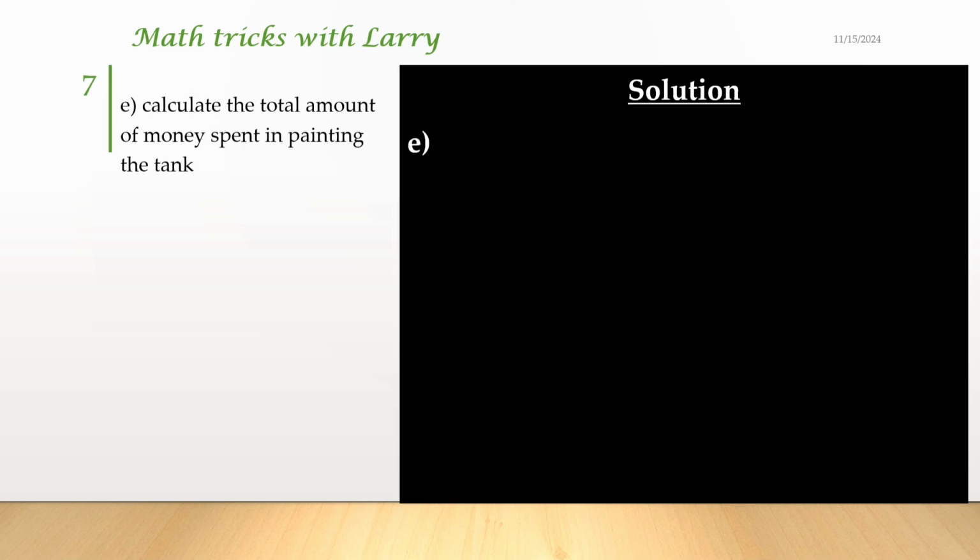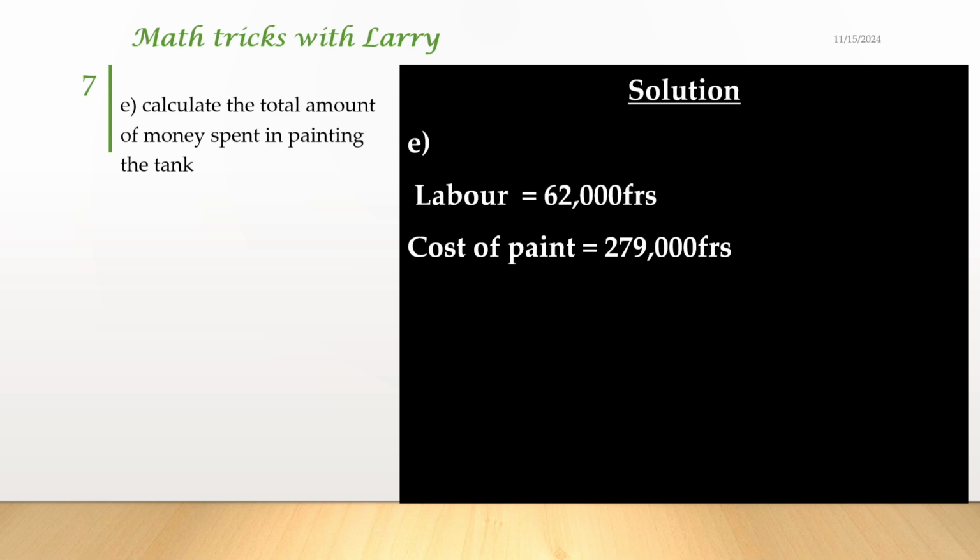Now, the last part of the question asks us to calculate the total amount of money spent in painting the tank. If you look at this tank, we have principally two types of expenditures that were incurred in painting this tank. We have the labor cost and the cost of paint.